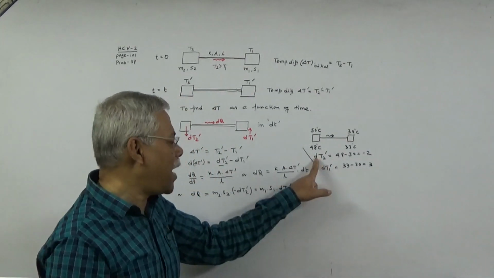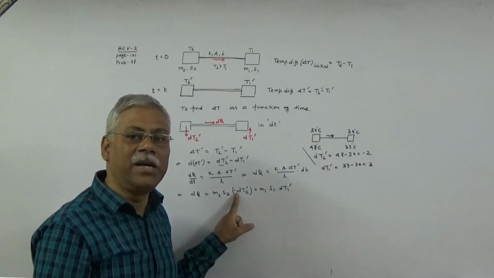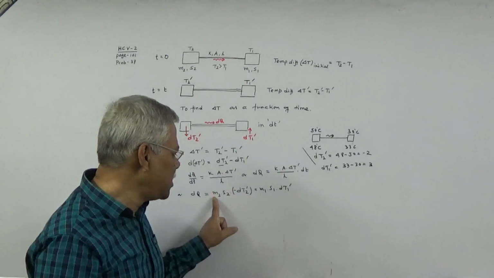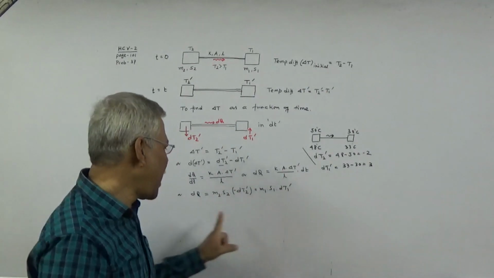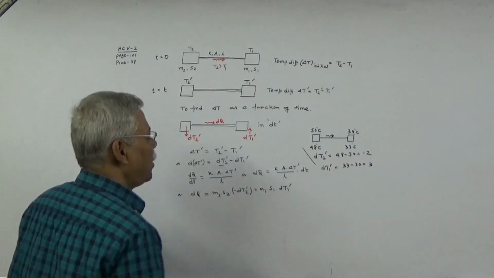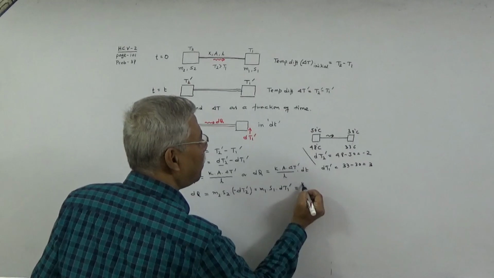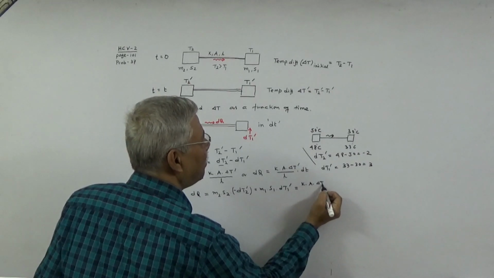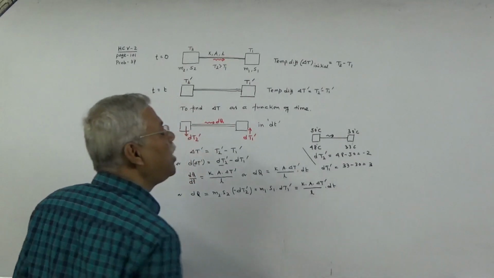So dT2 dash is inherently negative, and I have used a minus sign to make it positive. So this has a positive value, this has a positive value, and this is positive. This is equal to k into A delta T dash by L into dt.